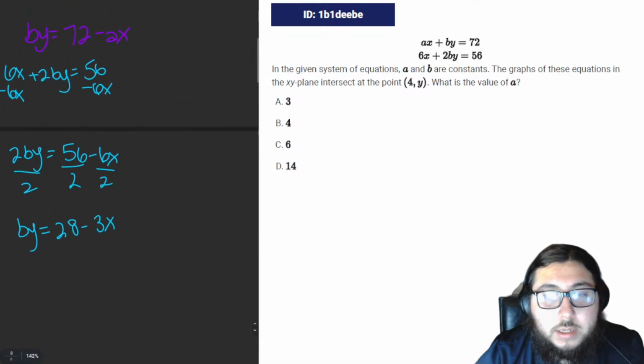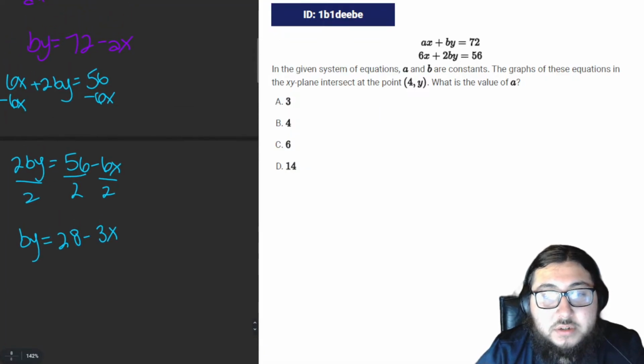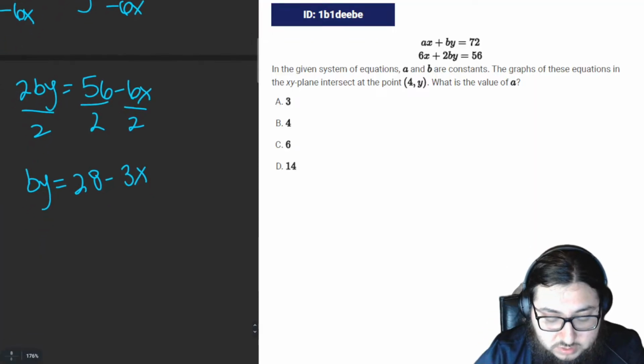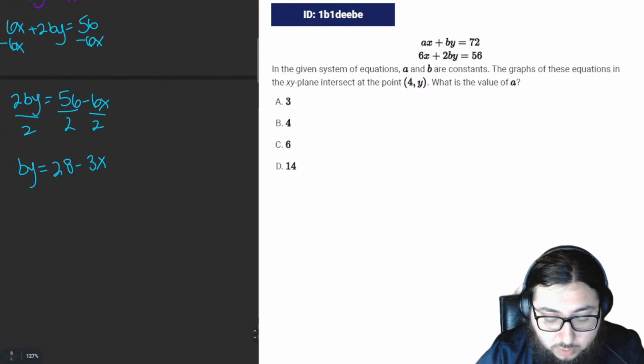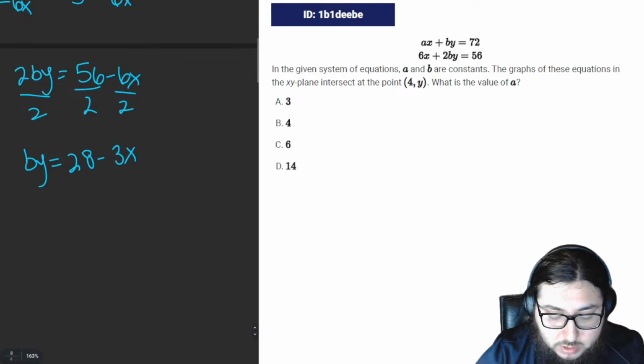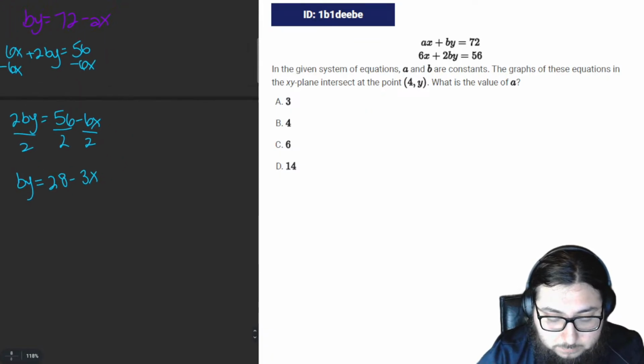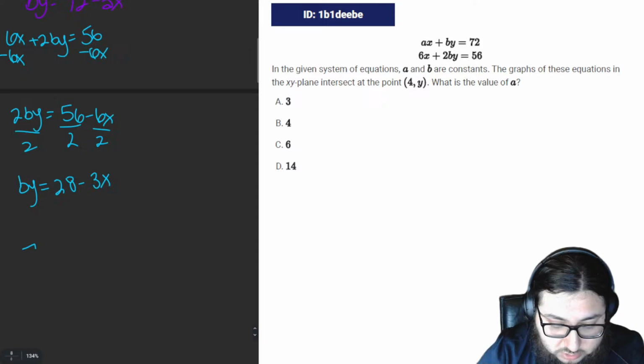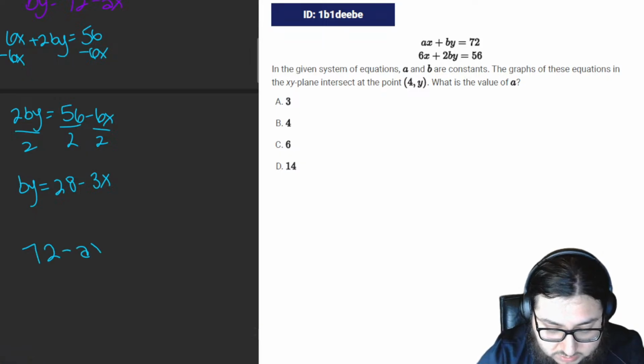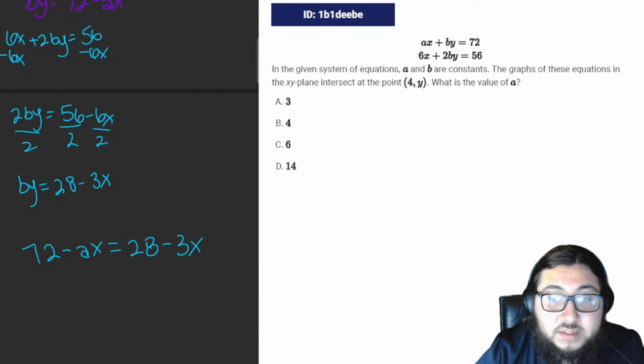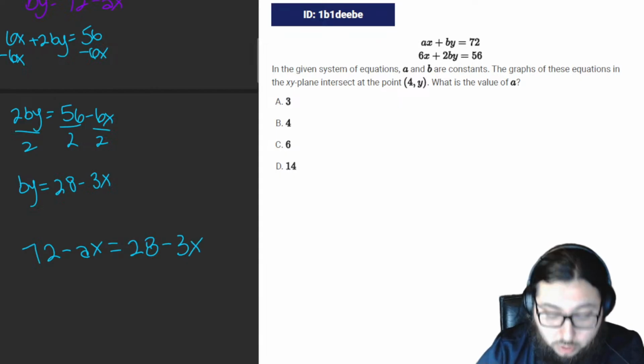Note that the graphs of these equations, like the problem says, intersect at the point 4, y. So we can substitute 4, y into our equivalents. So let's set these equal to each other. 72 minus ax equals 28 minus 3x. Recall that they say that they intersect at the point 4, y.